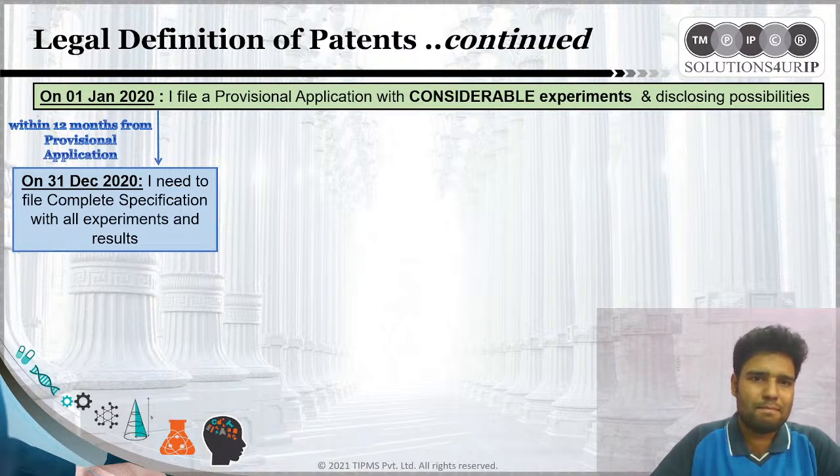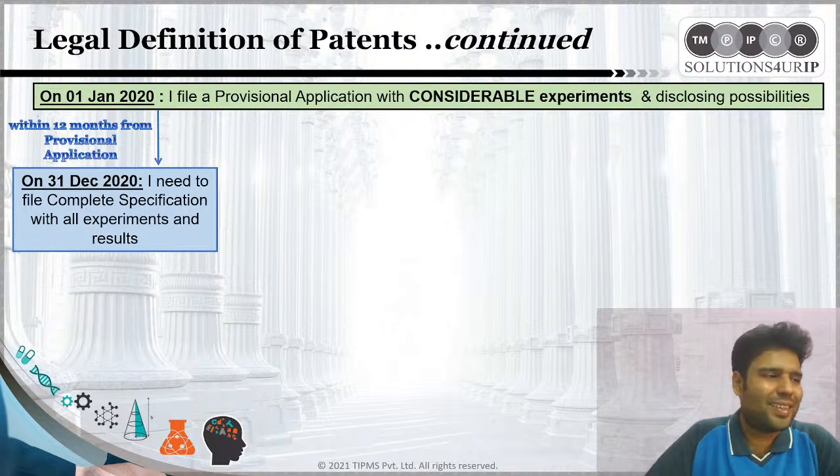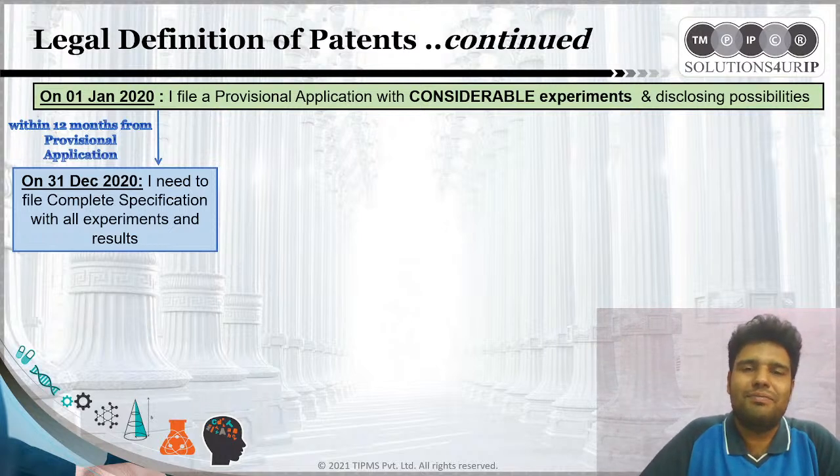A declaration form that I'm the first inventor. That is form 5. Okay, the other one. Okay, Naveen is saying form 3. Very good. Yes, form number 3.